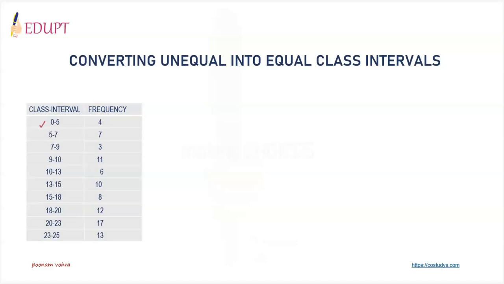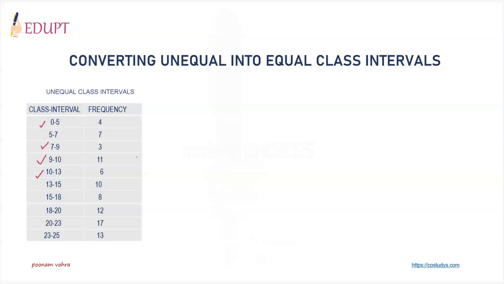The first one is with a difference of 5. The second one is 5 to 7. Next is also 7 to 9 with a class interval of 2. Then it is a class interval of 1, 9 to 10. Then it's a class interval of 3, 10 to 13 and so on. So one can find class intervals which are unequal.